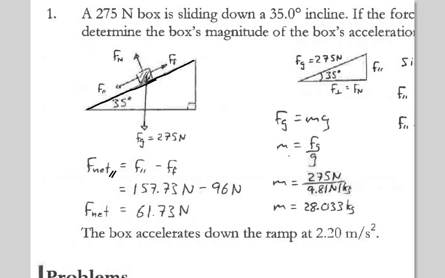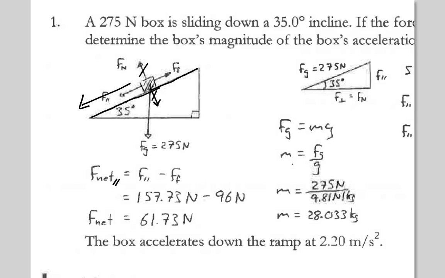And for these ramp questions, you would only ever have to worry about F net parallel because the F net perpendicular is balanced. It's not accelerating at an angle into the air or through the ramp. It's all about sliding up and down the ramp. So we're only worried about the net force on this tilted dimension. All this is like a one-dimensional problem at a tilt.